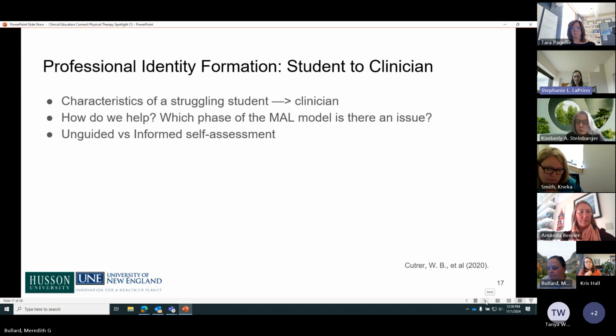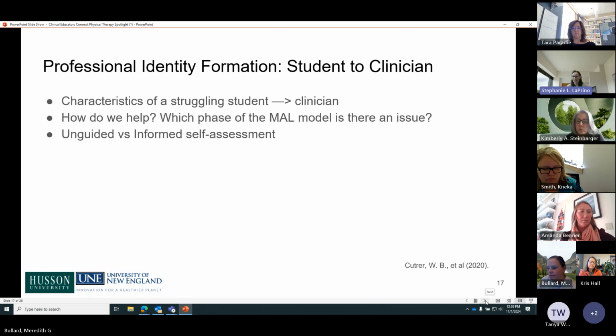If it's the assessing phase, the student can recognize that there's a problem and can create a plan, but doesn't have the ability to see where the barriers are or to modify their approach to meet the needs of the situation. Some clues that this might be where they're stuck is that they do demonstrate adequate knowledge, but the outcomes are not as good as expected.